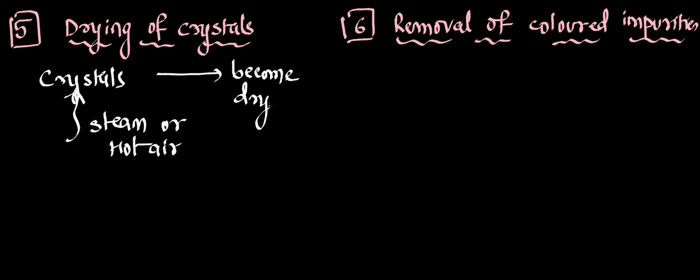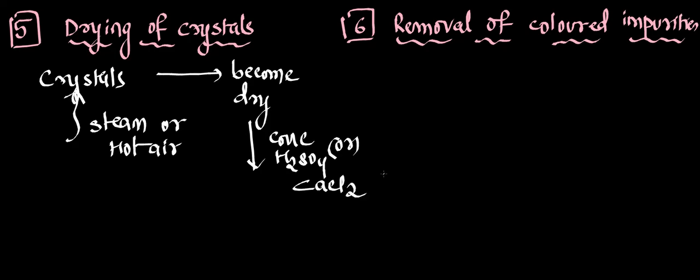There is a chance that water stays connected with the crystals. So to remove the water, we use dehydrating agents. These dry crystals are subjected to concentrated sulfuric acid, or we take the anhydrous form of calcium chloride. These are the dehydrating substances, so they remove the water from the crystals.